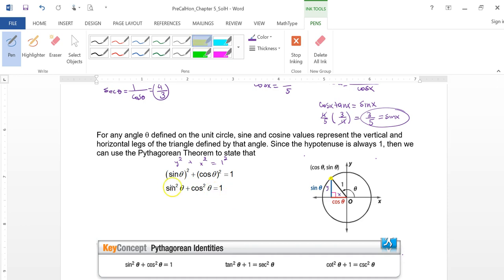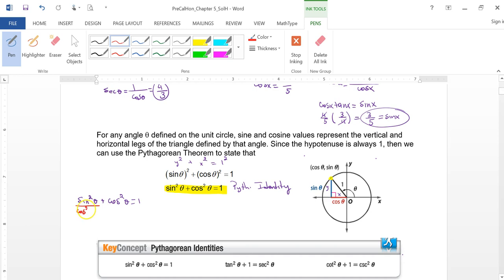So all this is a Pythagorean theorem, and it's called the Pythagorean identity. You have to know this by heart. There's just no question about it. Now, just for fun, I'm going to take my Pythagorean identity, and like I said, just for fun, I'm going to divide through by cosine squared theta.